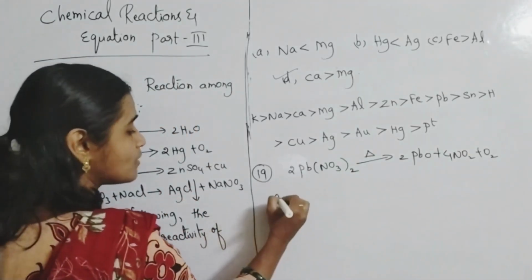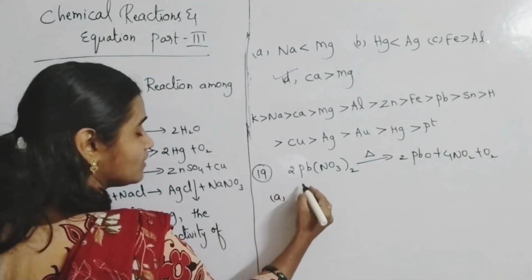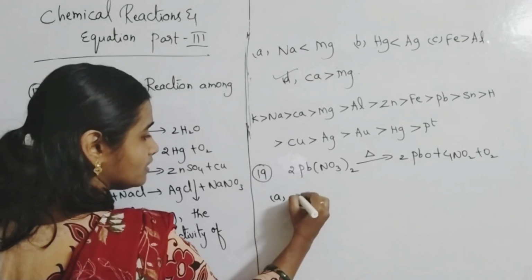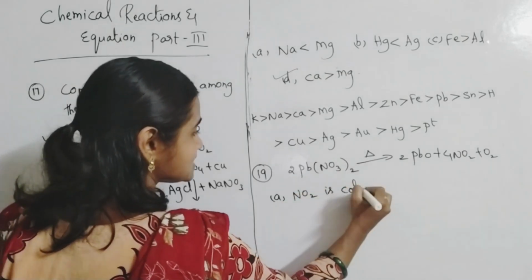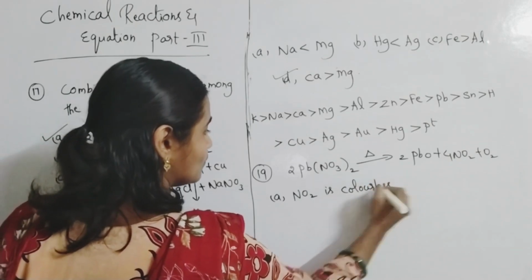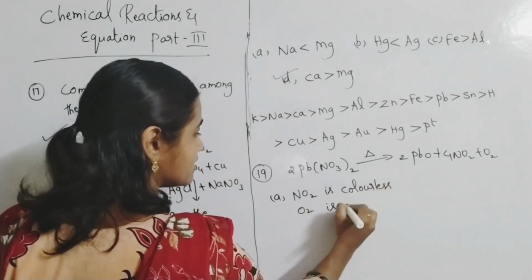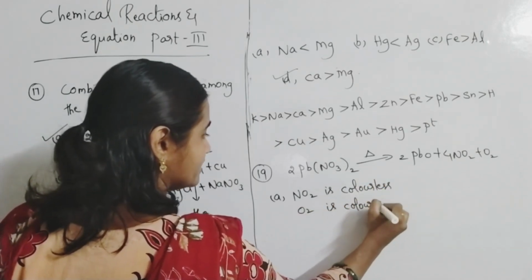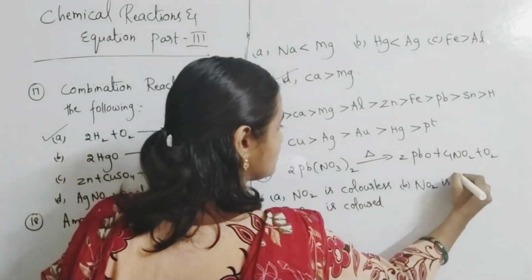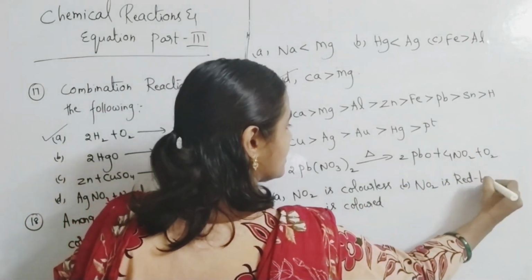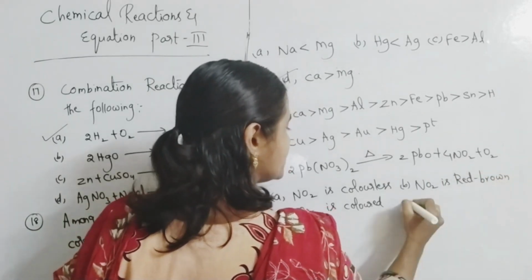Okay. Here options are given like this. Option A: NO2 is colorless, O2 is colored. Option B: NO2 is reddish brown, O2 is colorless.